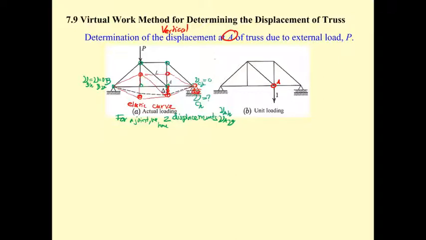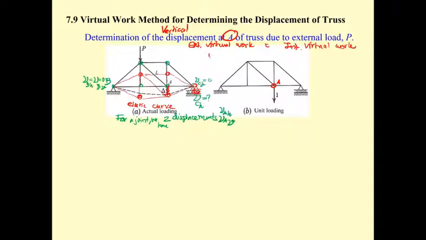And now what we have is the external virtual work is going to be equal to the internal virtual work. The assumed 1 unit force is here.